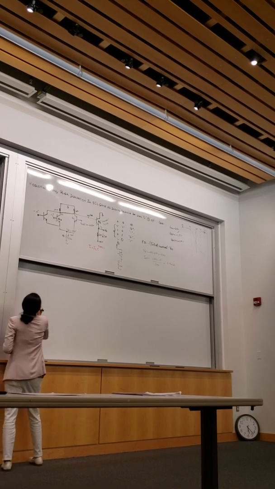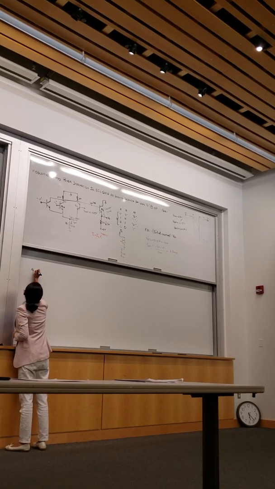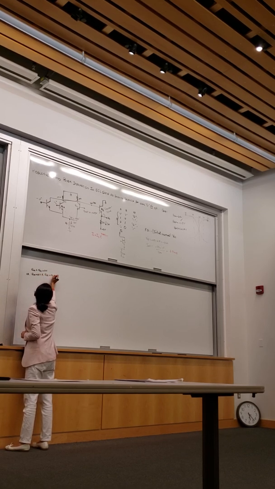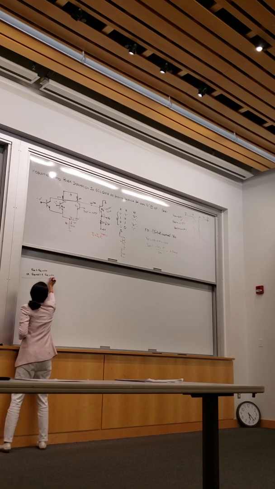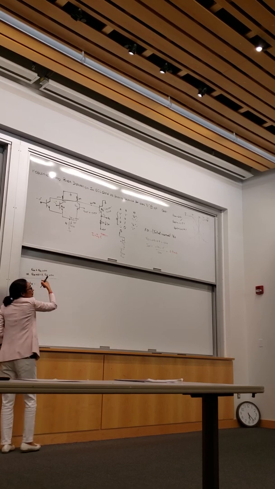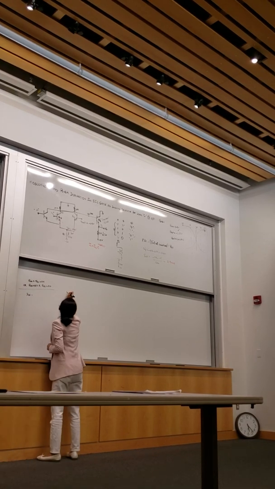Okay. Now, Q1A and Q1B, either Q1A is off and Q1B is on, or either case. So what's gonna happen to your current through this branch? Which branch?